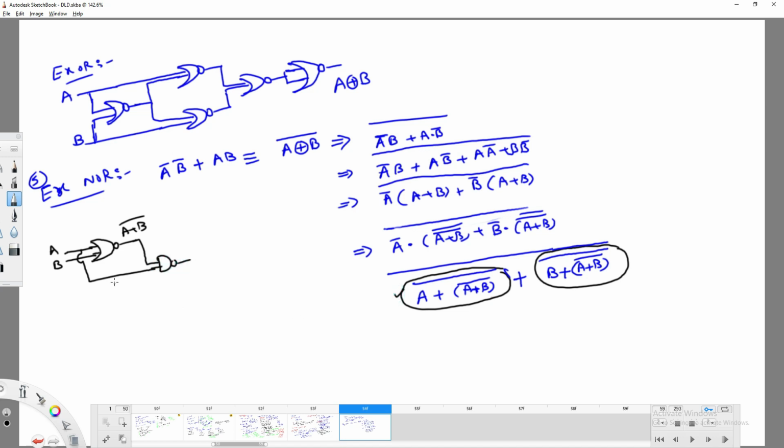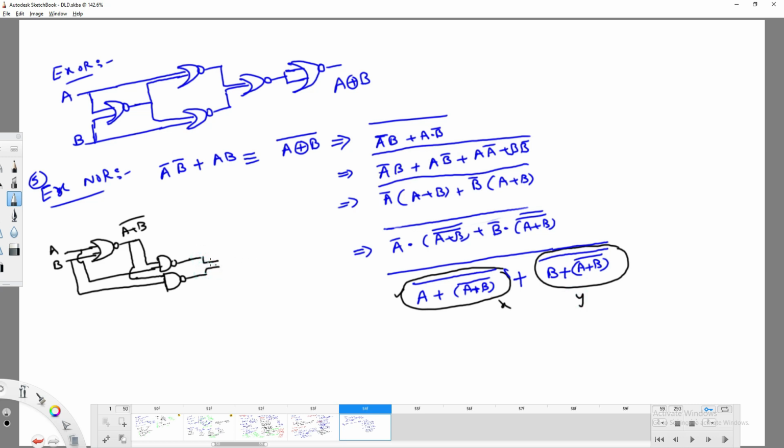So the first expression is done. And for b you have to take this input. So you are going to get b plus a plus b whole complement, and a plus b whole complement. For both of them, you have to do it again. So I got x and I got y.